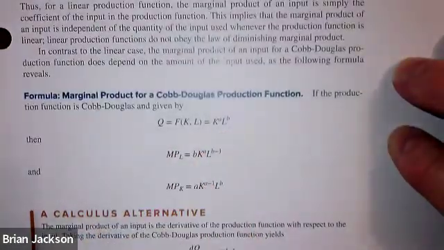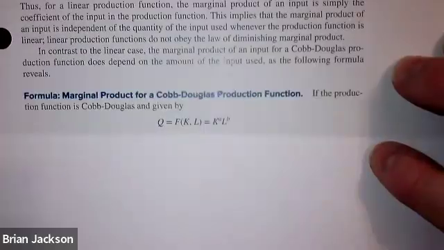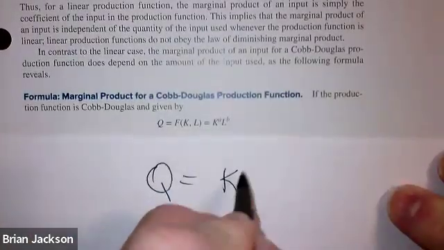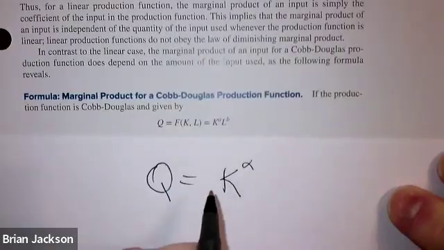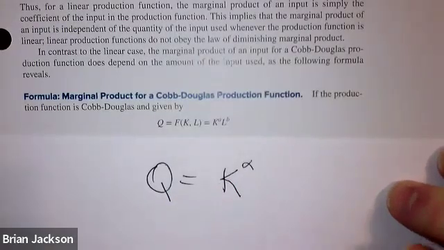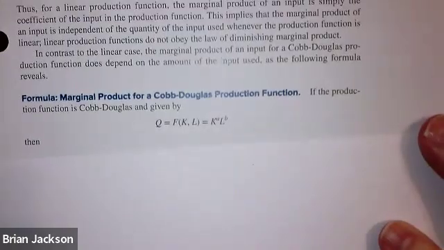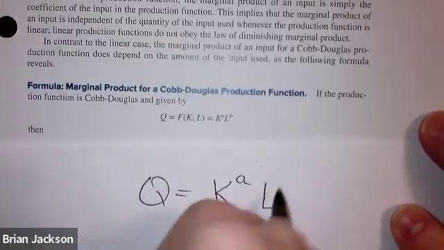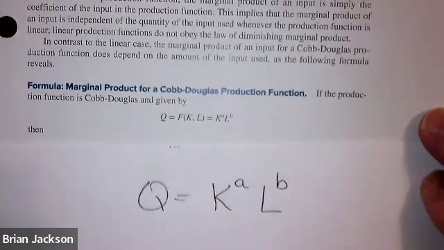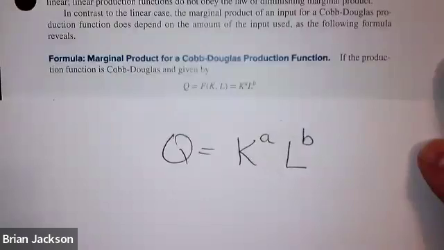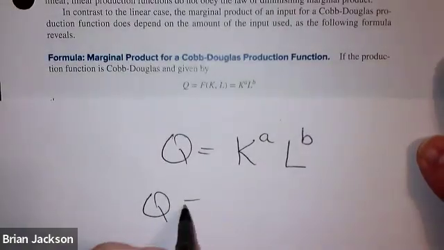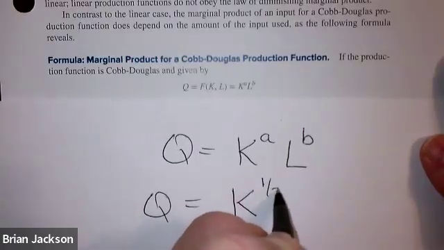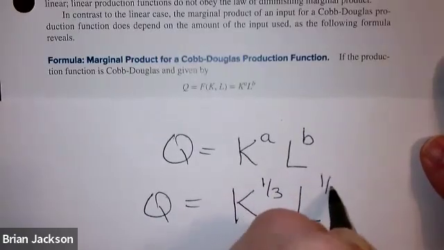So here is a general Cobb-Douglas, where output is capital raised to some power. I'm used to using Greek letters here, and they don't use that in this book, so never mind. Q is equal to K to the A times L to the B power. An example of this would be Q is equal to K to the 1/3 L to the 2/3.